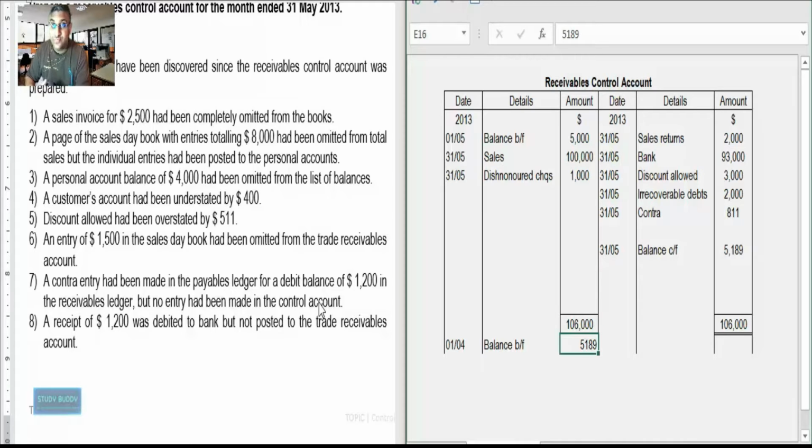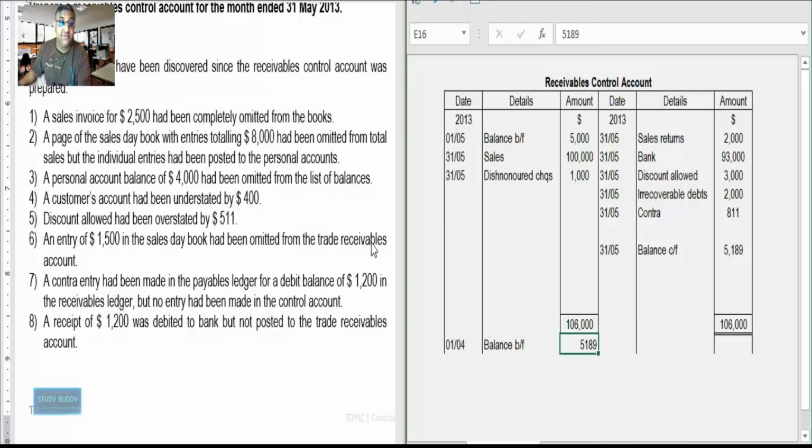Number 2, a page of the sales daybook with entries totaling $8,000 had been omitted from total sales, but the individual entries had been posted to the personal accounts. Number 3, a personal account balance of $4,000 had been omitted from the list of balances. Number 4, discount allowed had been overstated by $511.